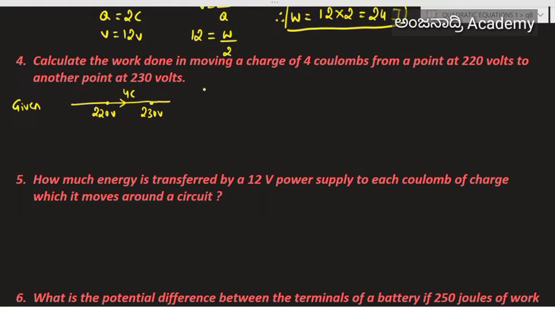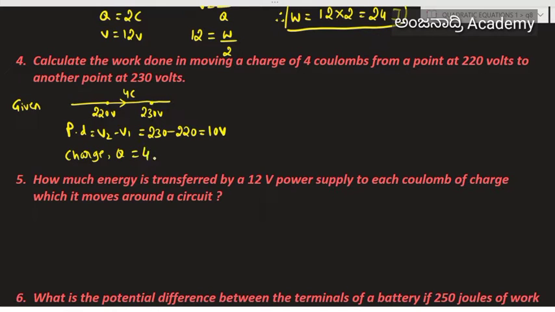He has given the potential difference, that is V2 minus V1, 230 minus 220, which is 10 volt.